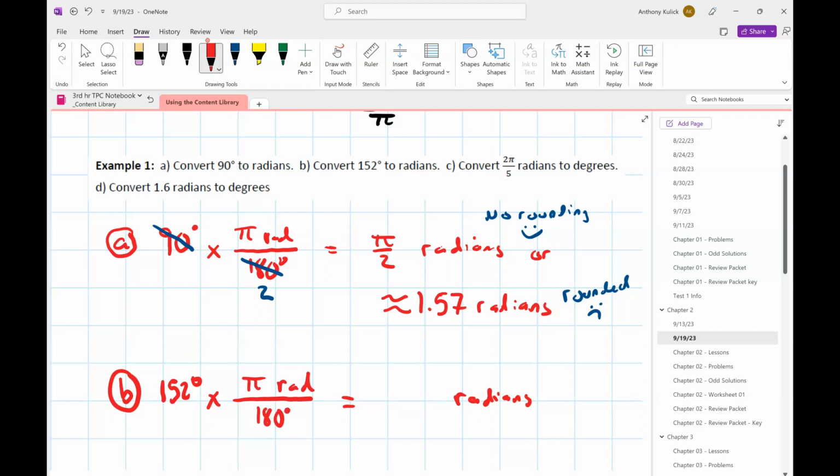Again, if possible, we'd like to keep that. Do you see a common factor between 152 and 180? Definitely 2, right? Because they're both even. So if I do that, that becomes 76 and 90.